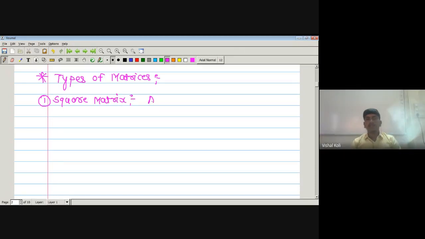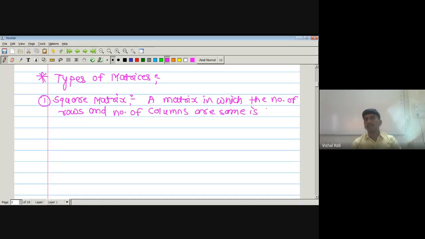Its definition will be: a matrix in which the number of rows and number of columns are the same is called a square matrix.